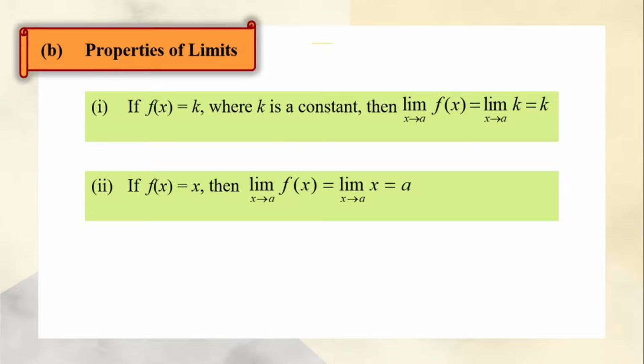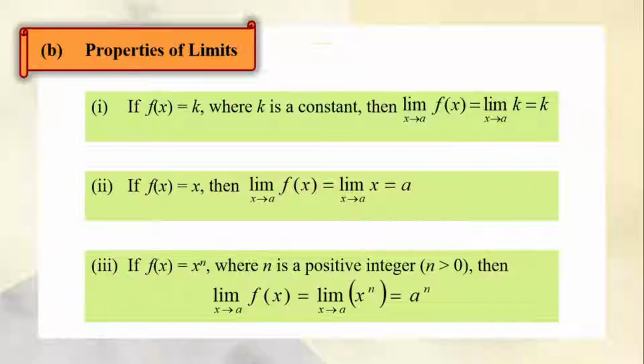That's why we get limit of x as x approaches a is equal to a. The third property is if f(x) equals x to the power of n, where n is a positive integer, then the limit of f(x) as x approaches a is equal to the limit of x to the power of n as x approaches a, which is a to the power of n.